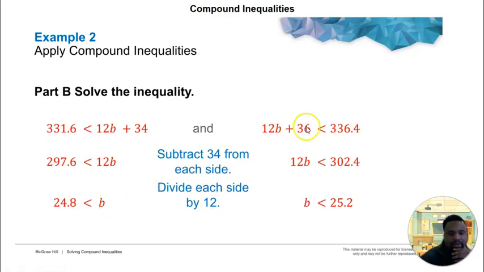Subtract 34 on both sides, you get 302.4, and divide both sides by 12, 25.2. So each box is going to be between 24.8 ounces and 25.2 ounces. So b is greater than 24.8 and less than 25.2.